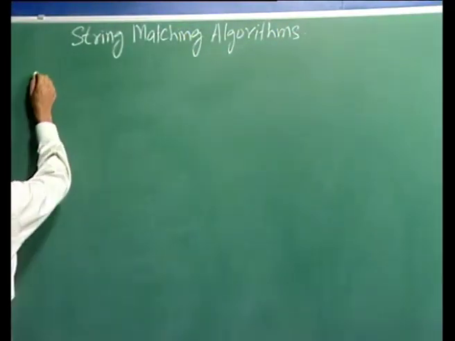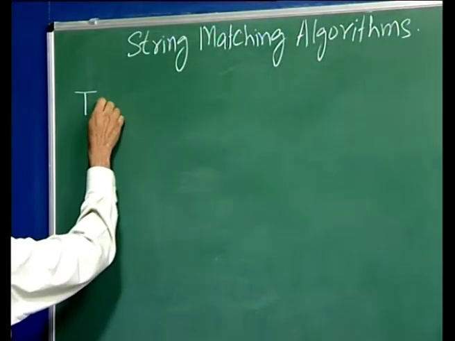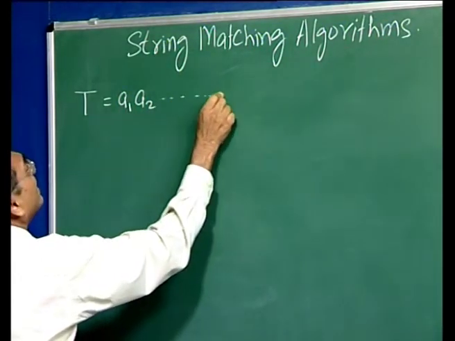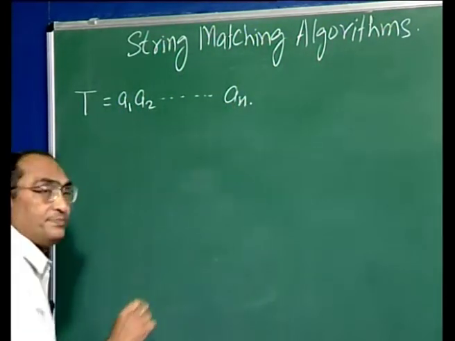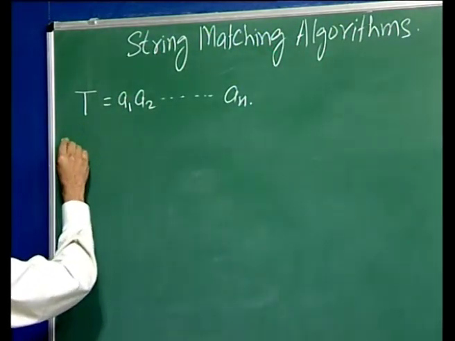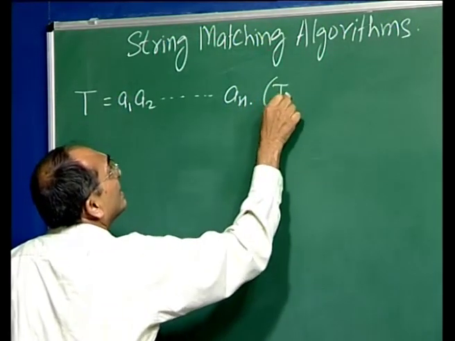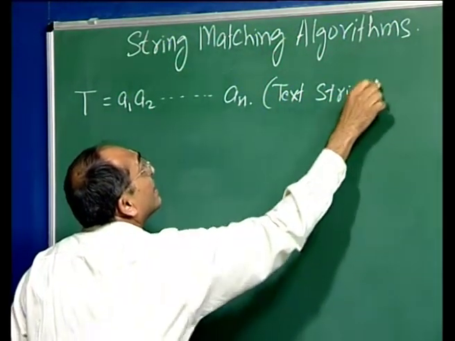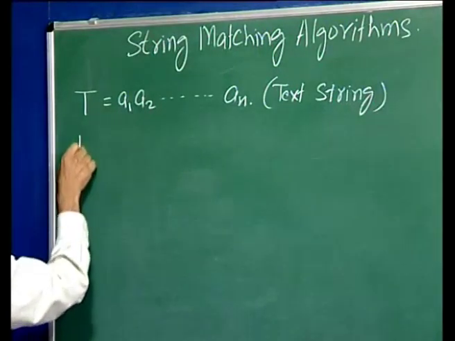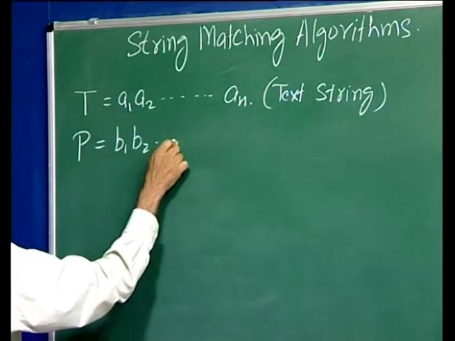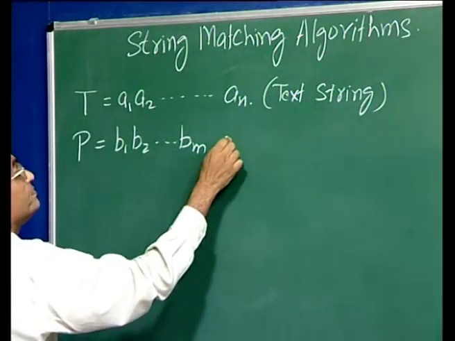Suppose you are given a string T of, say, length n, and we call it a text string, and another string P, which we will call the pattern string, as B1, B2, ..., Bm.